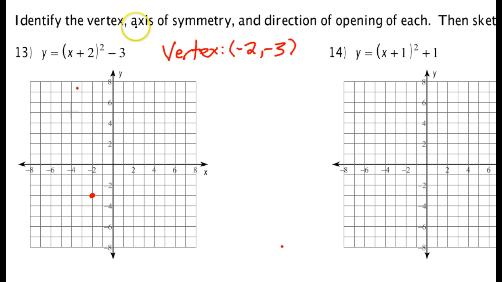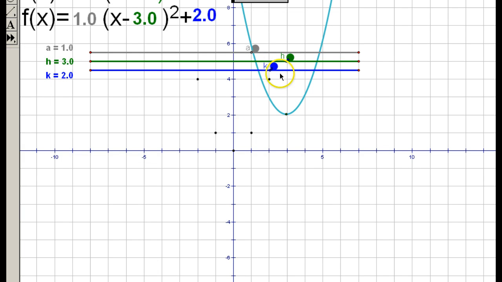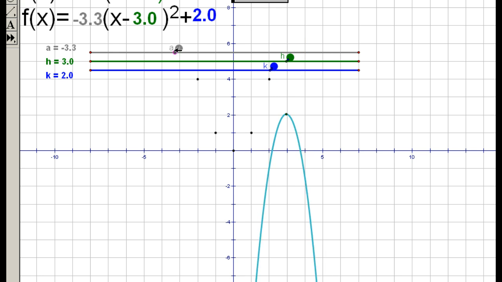The axis of symmetry. I call it A from the x. Remember, that's just that number. And does this open up or down? Okay, and how can you tell? Opening up, opening down.